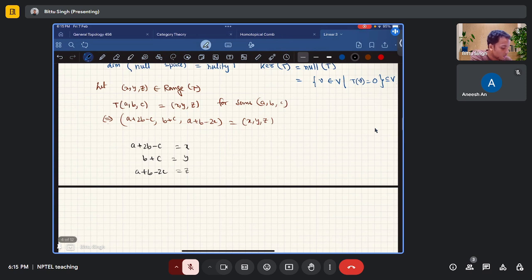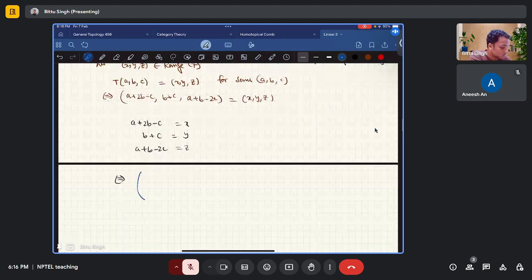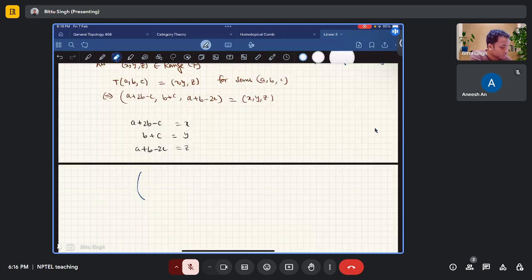This is equivalent to solving this matrix equation. We know how to solve those kinds of equations. It is 1 2 minus 1, 0 1 1, 1 1 minus 2, and we'll put x, y, z here.